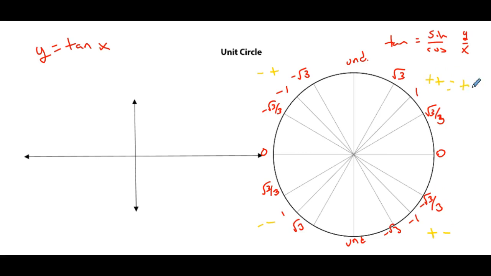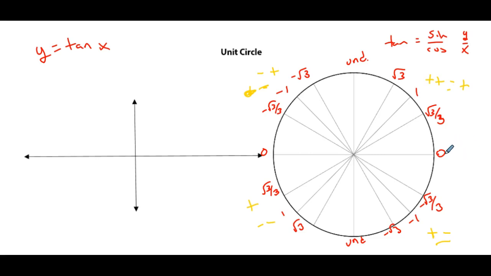Positive over positive is positive. A negative over a positive is a negative. Negative over negative is a positive. And then positive over negative is a negative. So that's why tangent goes from positive to negative to positive to negative, right?